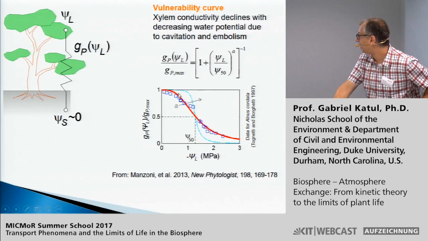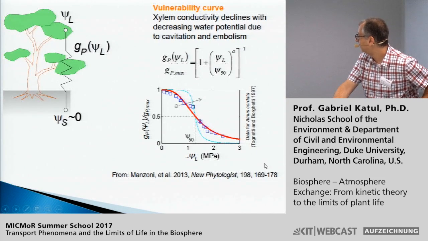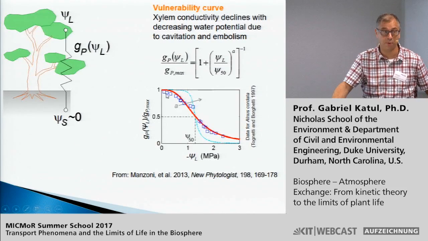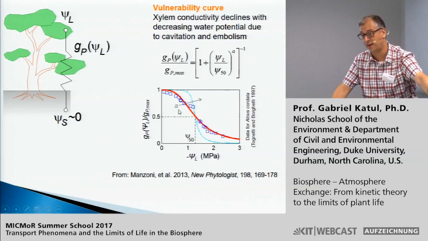But basically a good fit to these models are power laws or Weibull functions or logistic curves. And basically they all say the same thing, that if you normalize the leaf pressure with respect to psi 50, which is the point at which hydraulic conductivity is impaired to 50% of its value, this is exactly the same shapes that Nadine presented yesterday. They are whole plant vulnerability curves. So they're not incorporating one bubble in one element like Wilfried has mentioned, but they are a collage of many, many elements.